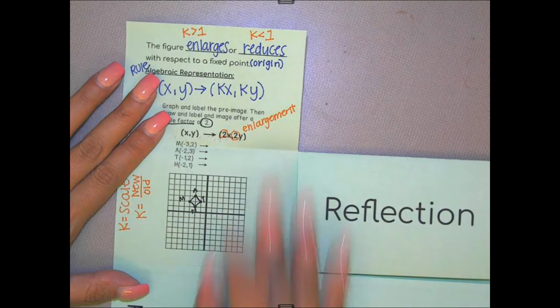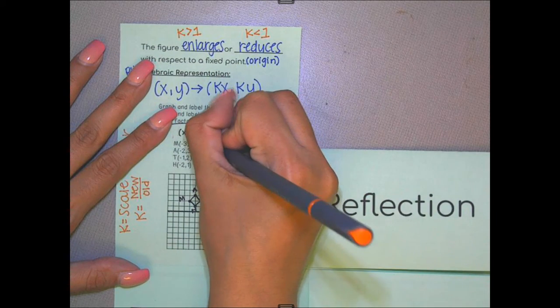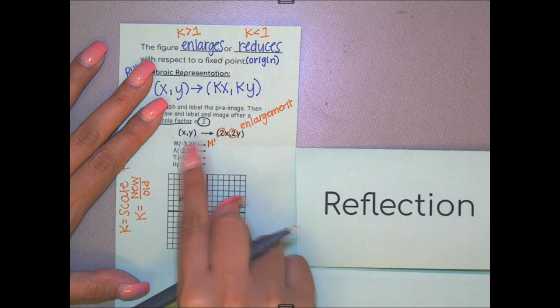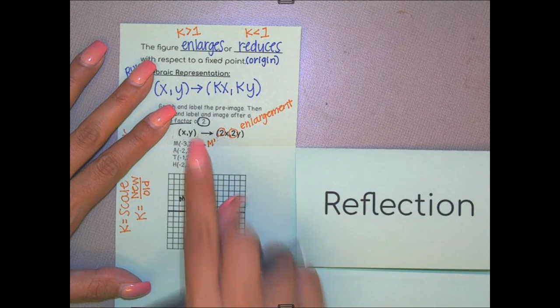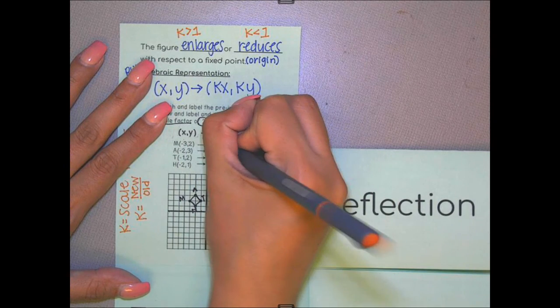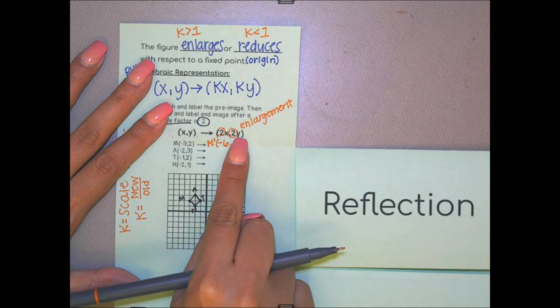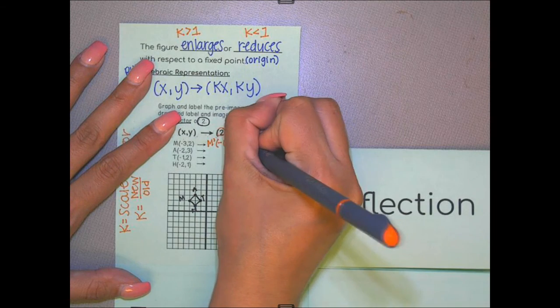To get my new coordinates, or my primes, that's when I put the little apostrophe there. I'm going to do 2 times negative 3, which gives me negative 6. Then 2 times my y, or 2 times positive 2, which will be 4.